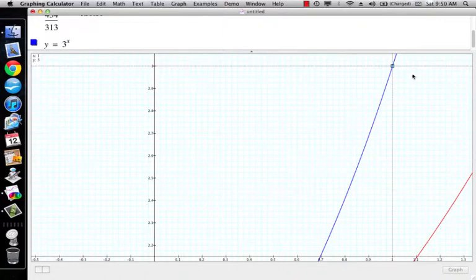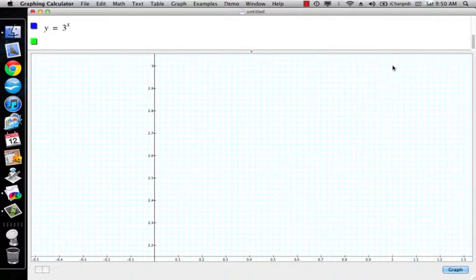Then I'm going to choose another point just a little bit next to that. I'm looking at 515 divided by 156. So the slope of that line is 515 divided by 156, and that's 3.3.